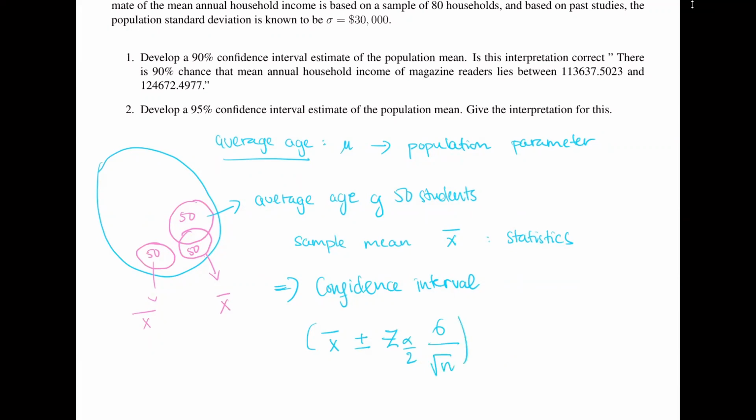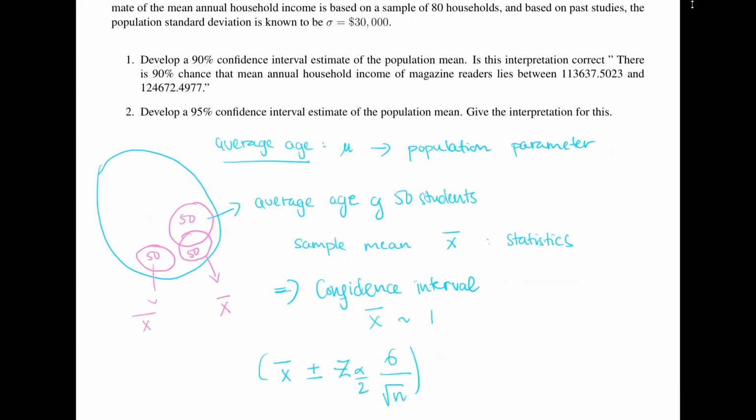This expression you are seeing here is a result of the central limit theorem that I talked about last week in the video. So we know that the mean follows a normal distribution, having the same mean, but a different standard deviation.